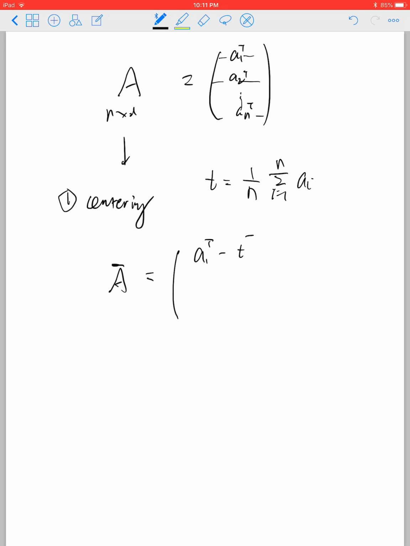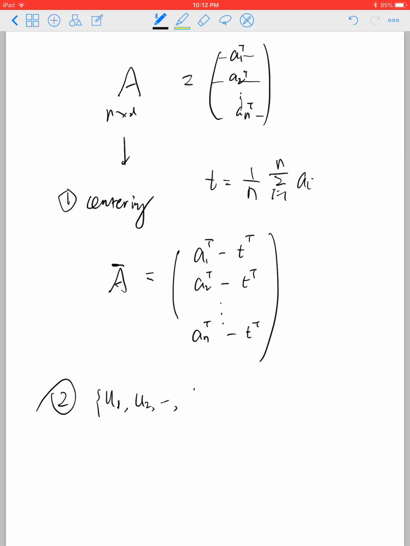Basically, if you take the SVD of the centering matrix A bar, you end up with U bar, S bar, and V bar, right? You just pick up the first k columns of V bar. We can denote them by V1 bar, V2 bar, until Vk bar, and they are the optimal k bases.